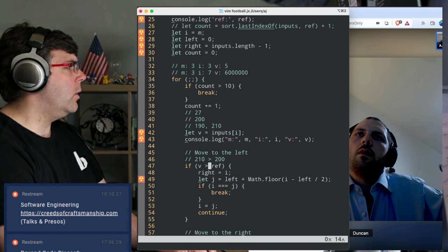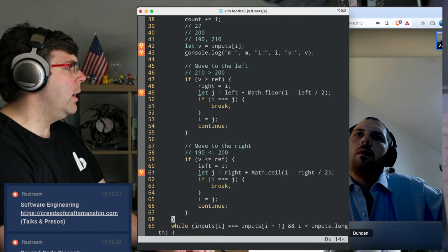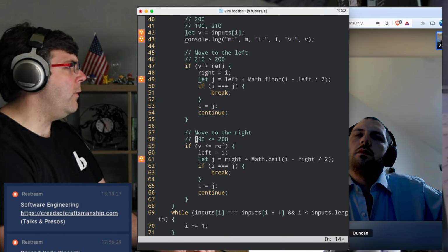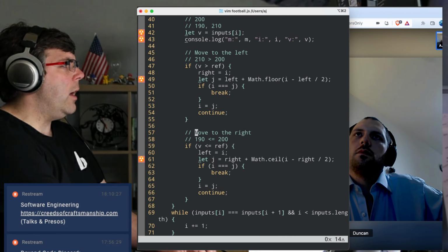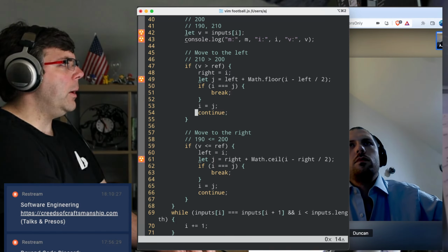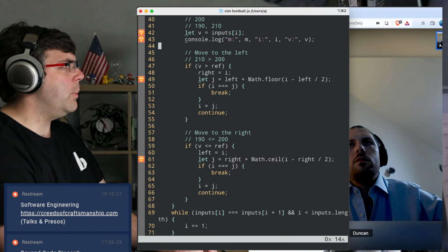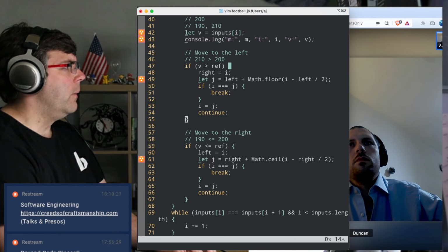Is 5 greater than reference? No, that's not true. So it's going to skip this condition. And then I guess this actually could be an if-else, but I prefer to avoid else whenever possible. That also makes it nicer to leave comments because typically in any if you can either break, continue, or return. And that's typically the best thing to do.